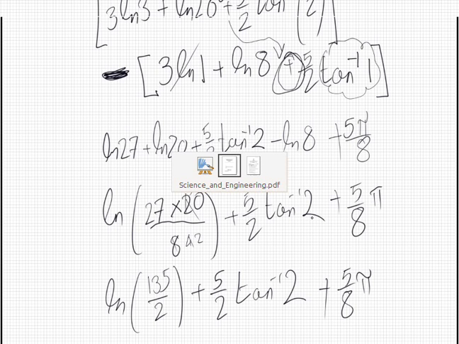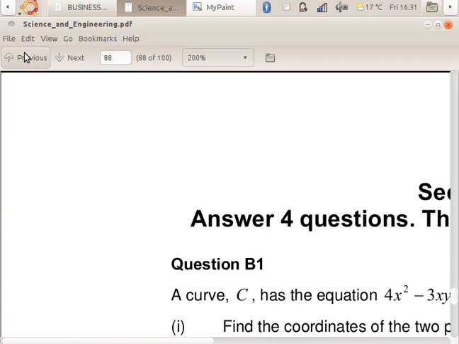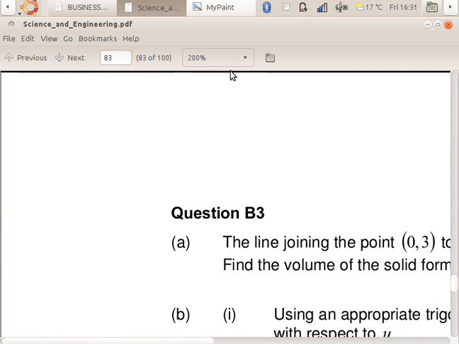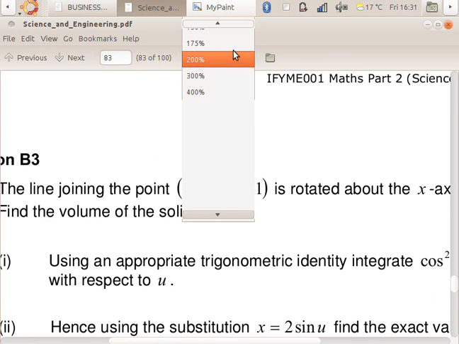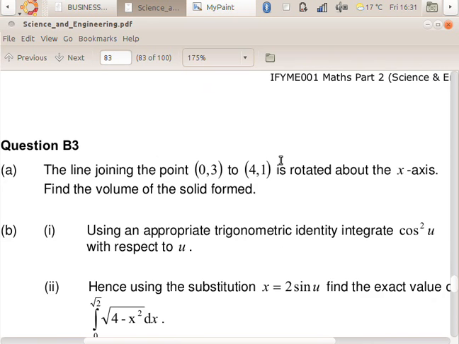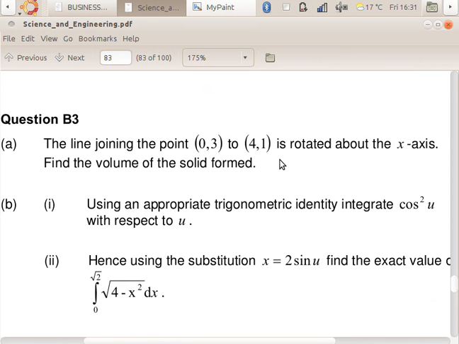So make the question so that the C is 0 and you don't have the tan. Page 83. Okay. Which part? Or all of it? Alright, well I'll do the A part.